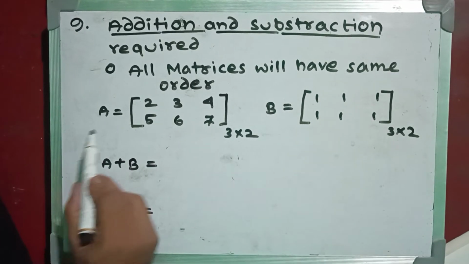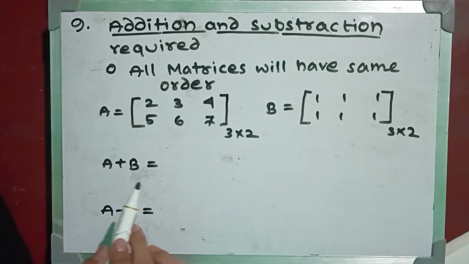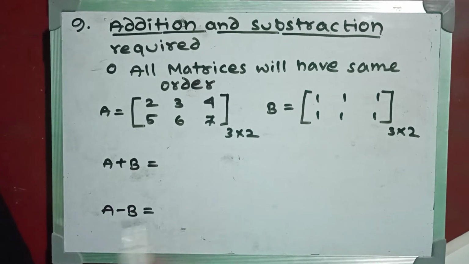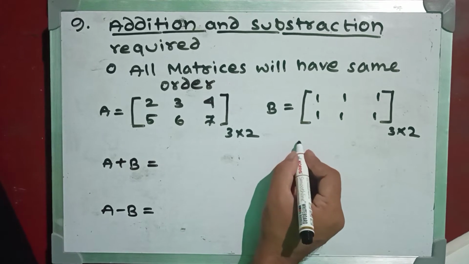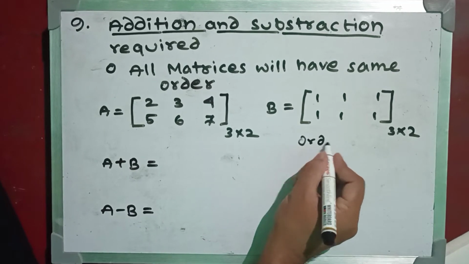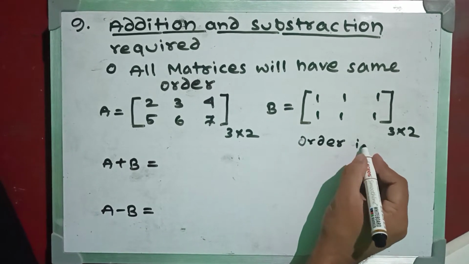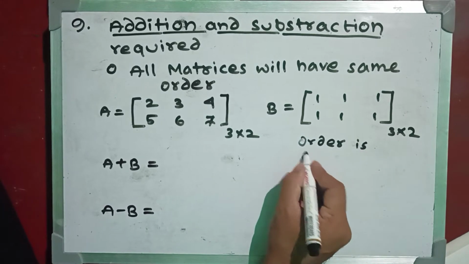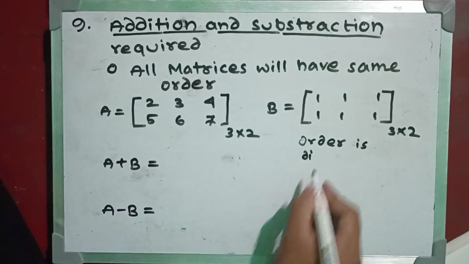So if these two matrices have the same order, only then can we do the addition and subtraction. If the order is different, then addition and subtraction are not possible.